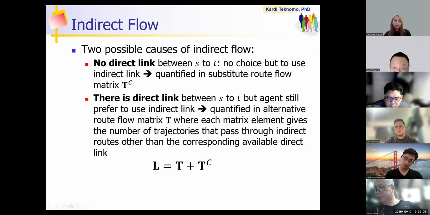To make it simple, I will denote indirect flow as L, which consists of two parts. One is T, alternative flow, meaning there is a direct link, but they still use indirect. TC means there is no direct link, only indirect. Is that clear or not?